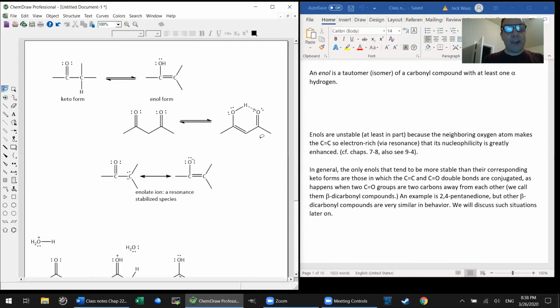So that's a very stabilized species. Apart from that, generally the keto form is favored. It's only in cases like this, and we'll be looking at compounds of this type later on, that they can do some special chemistry just of their own because of the special stability of their enols.